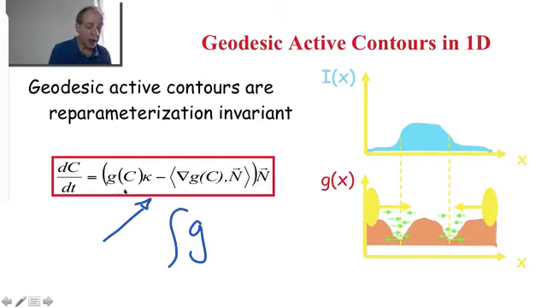So it's not only that g gets very close to zero and it's going to try to stop the evolution. Remember, if we don't have g, this is curvature motion and it shrinks to a point. This will try to stop the evolution. But if we don't have an ideal edge, this will never be zero. Then it will slow down, but it won't stop.